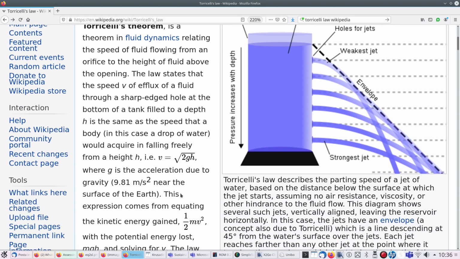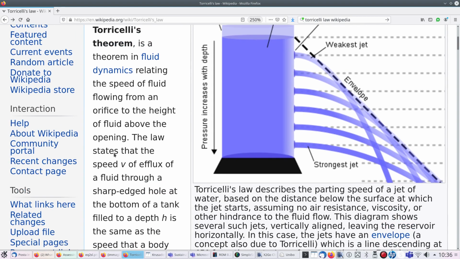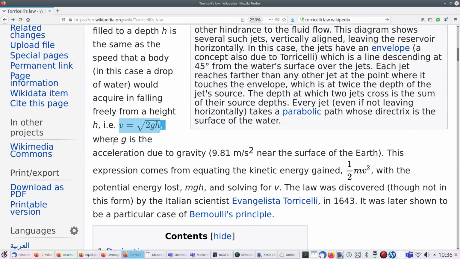And you see it's highlighted here. So again, velocity V is equal to the square root of 2g, g is gravity, multiplied by h, the water level above the hole.